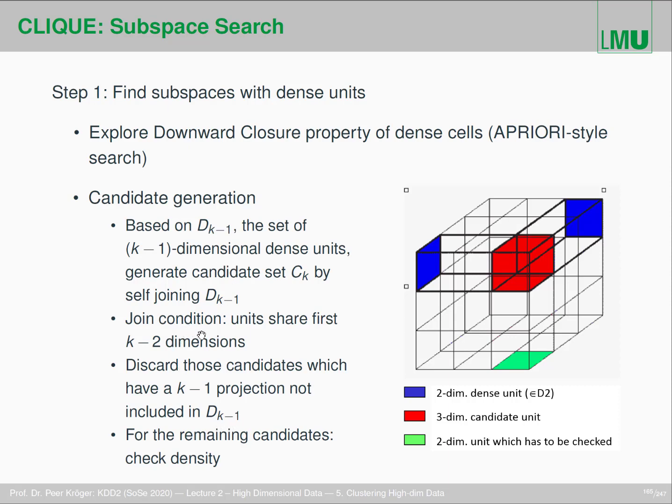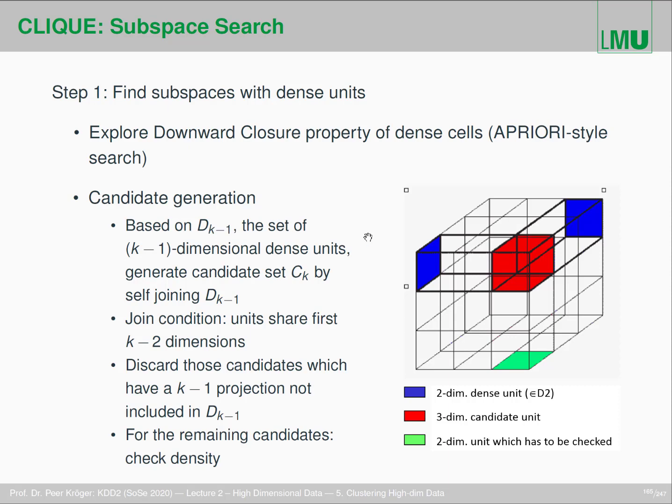Also, we use this join condition here, the same as in frequent item set mining, and only for the remaining candidates we have to check the density, because still they are candidates and we have to check them. So we basically search for dense grid cells instead of item sets that have a minimum support.